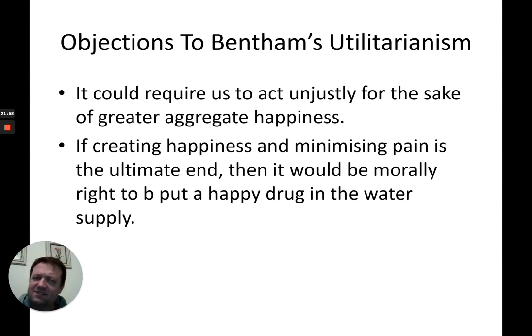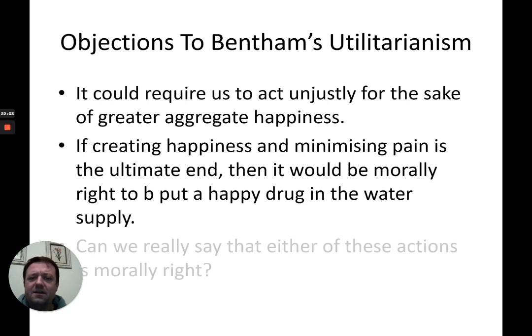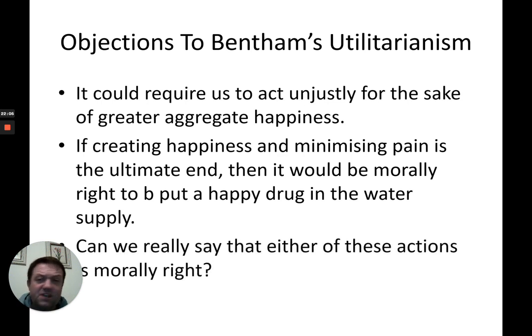And yet it does seem quite clearly that this is not a particularly moral thing to do. So we can't really say that the judge is acting morally by finding the person guilty when they're in fact innocent, and we can't say that putting a happy drug in the water supply is particularly morally right either.